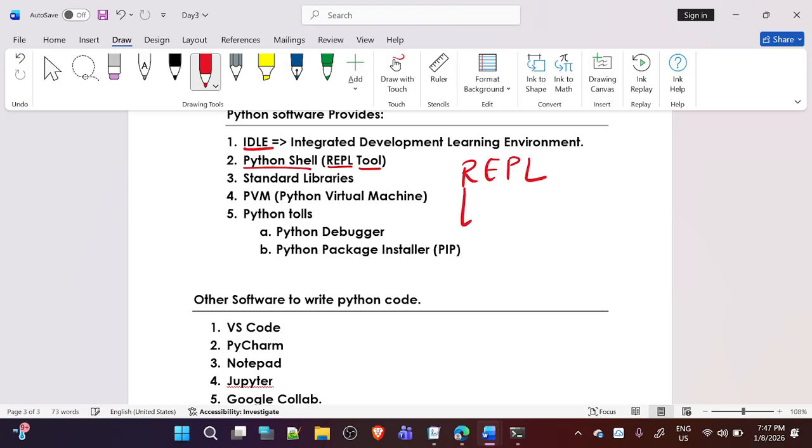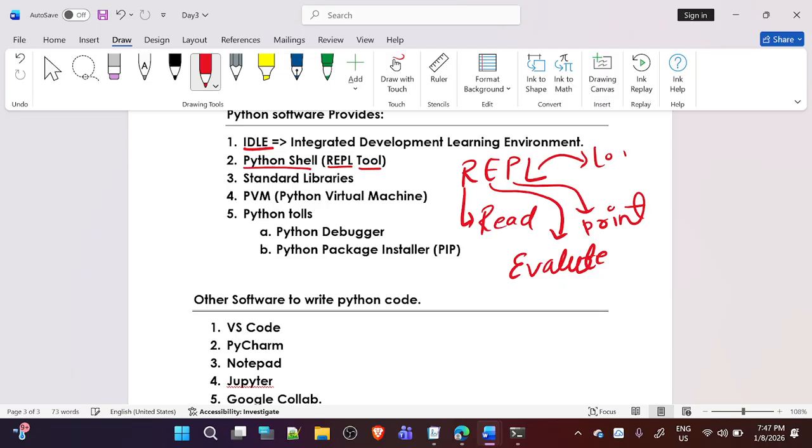R stands for Read, E stands for Evaluate, P stands for Print, and L stands for Loop. So this is the full form of REPL.